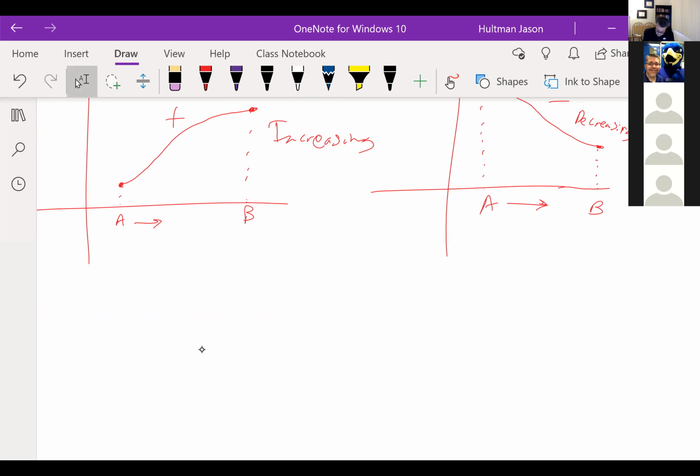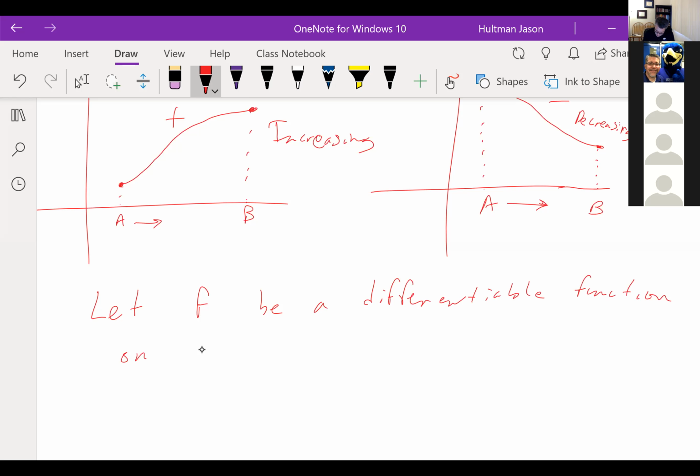Okay, let f be a differentiable function, which means that it can have a derivative, on an open interval I. What does open interval mean? It just means that we do not include endpoints.